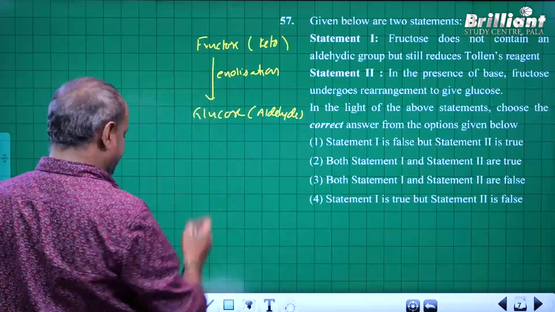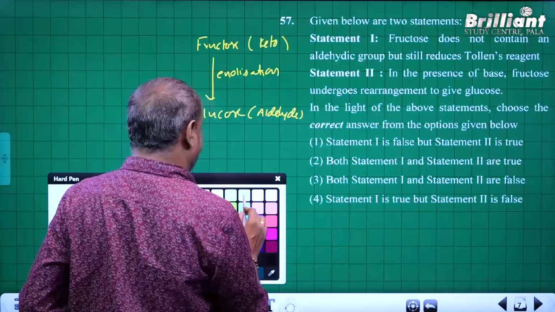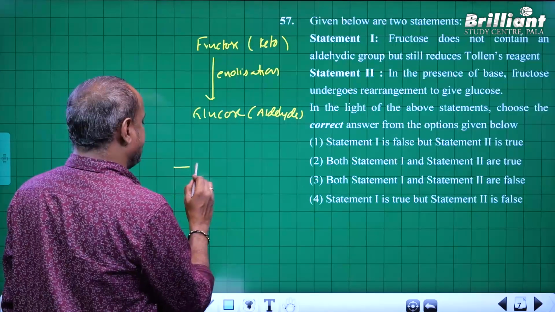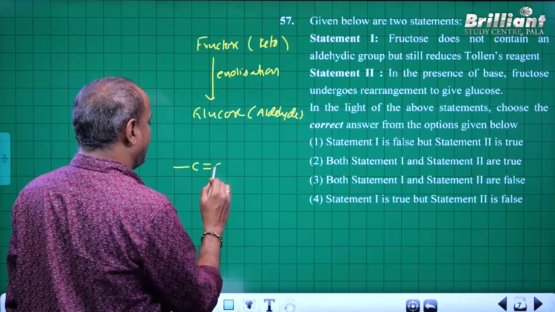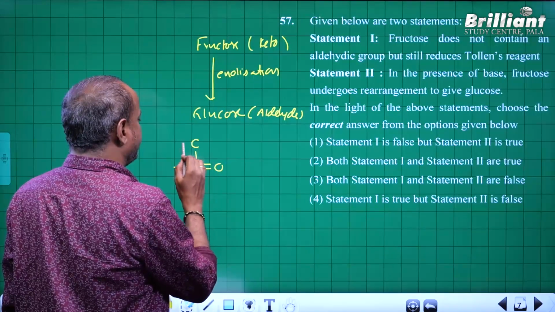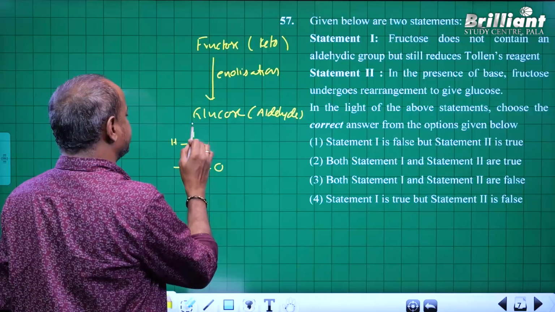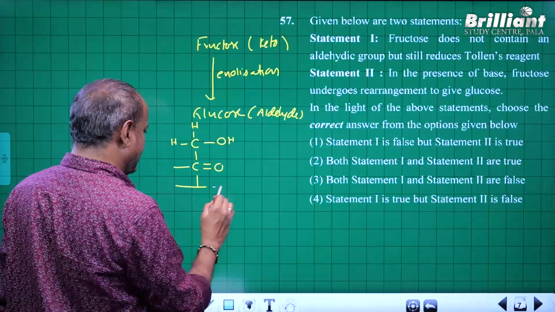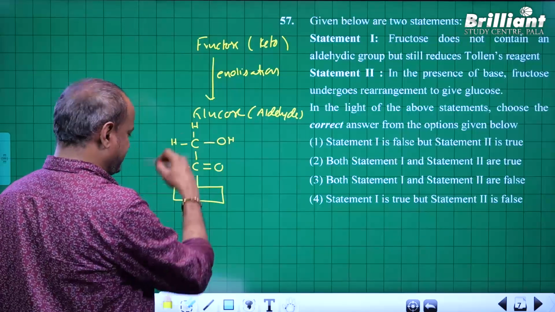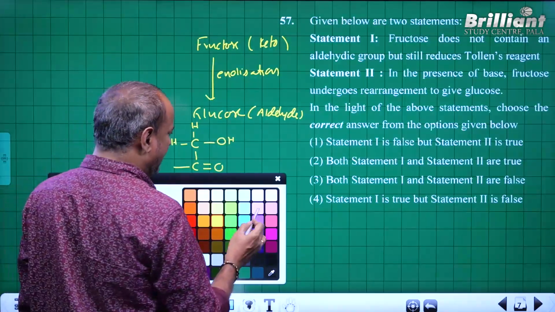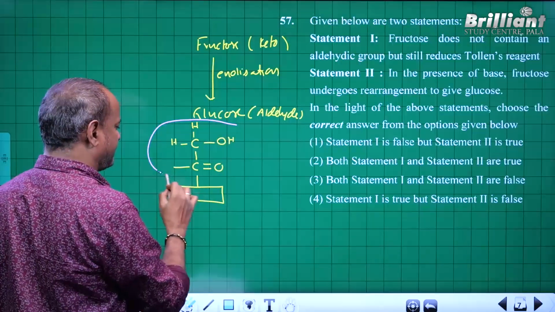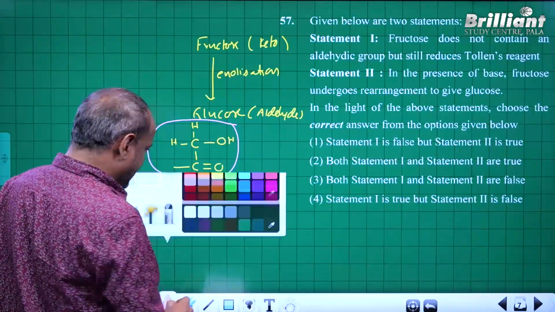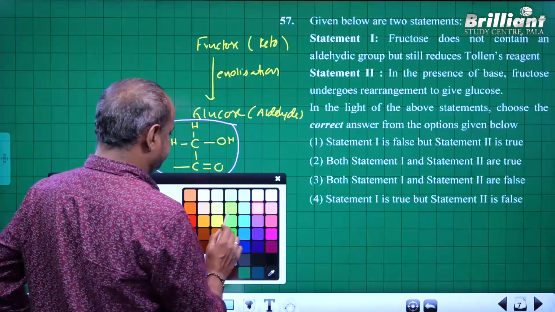So, what is the meaning of enolization? Let us take the mechanism of enolization. C double bond O, CH2OH is fructose. The rest remains constant; only the first two carbons participate in the mechanism. These two only. So what does enolization mean?